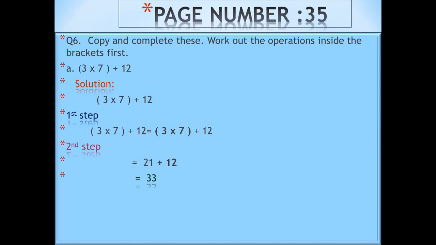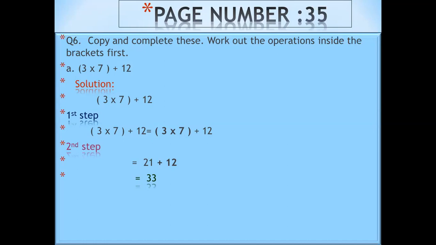In the first step, we simplify the bracket. We see which operation is enclosed in the bracket. First, we simplify that one, and after simplification, we add the number 12.